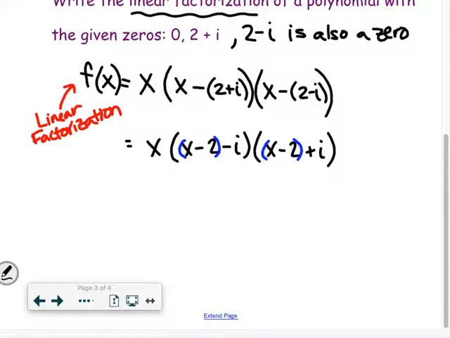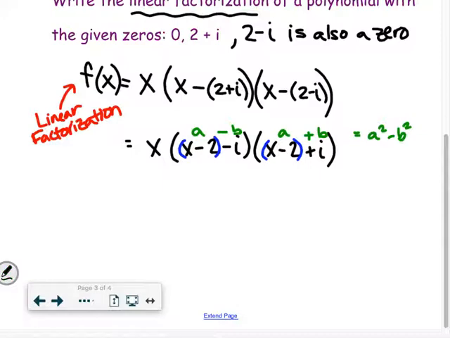Now, there are 2 ways that you can then multiply or distribute this out. So you could think about this as A is x minus 2, and then it's minus B. B is just negative 1, or sorry, negative i. And then this is A plus B. And I had said back in the graphing packet, that's equal to A squared minus B squared. So I could do it that way.